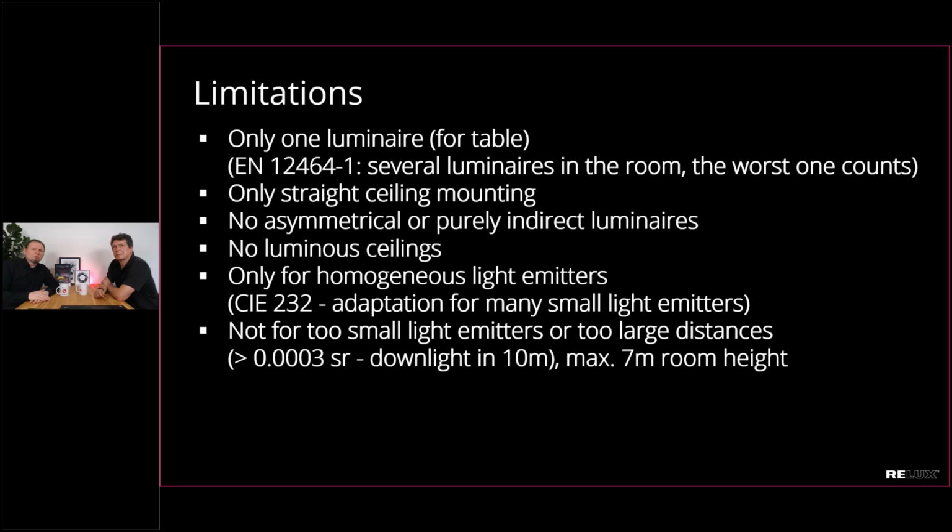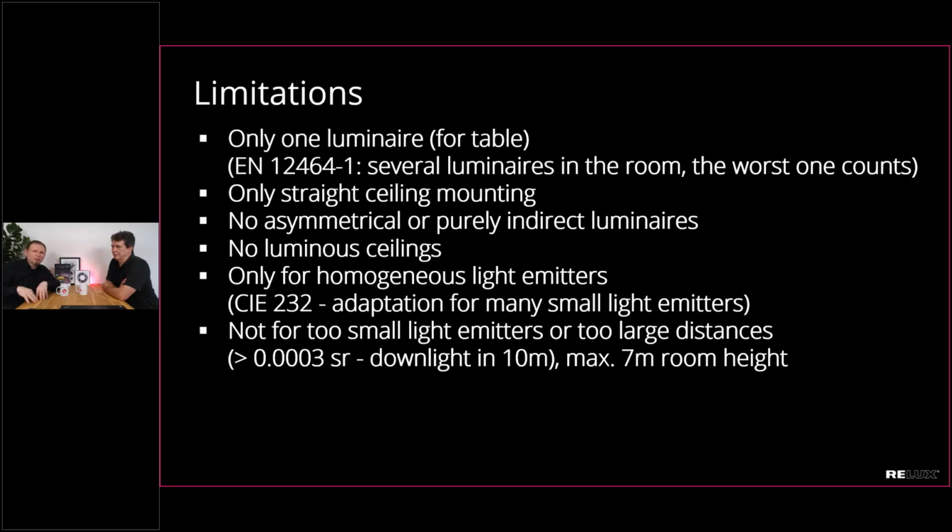Then, also a limitation written down in CIE 117 is that it's not to be used if the light output is too small, or if you are at too large a distance, which you can measure as a solid angle.